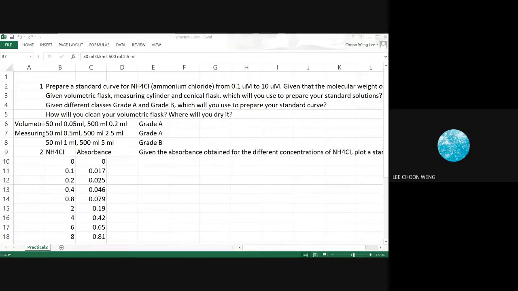So the common nutrients that we measure are nitrite, nitrate, ammonium, phosphate, silicate. Okay, these are the common nutrients that we measure because these are the nutrients that actually affect the primary producers.